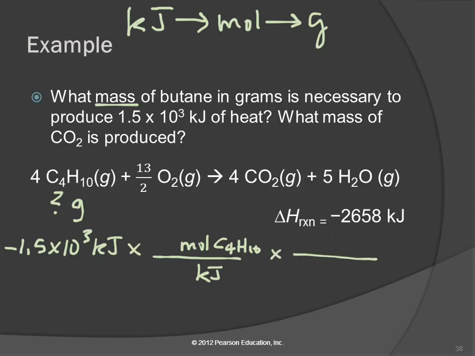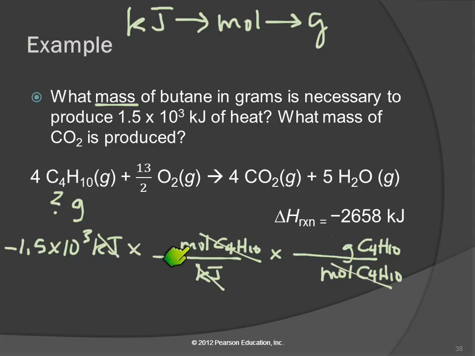Oh, I'm going to have to erase this because I didn't plan ahead very well. And then next, I want to convert to grams of C4H10 and divide by moles of C4H10. When I look at my units then, kilojoules cancel, moles of butane cancel moles of butane, and I'm left with grams of butane, which is what the question wants me to find.